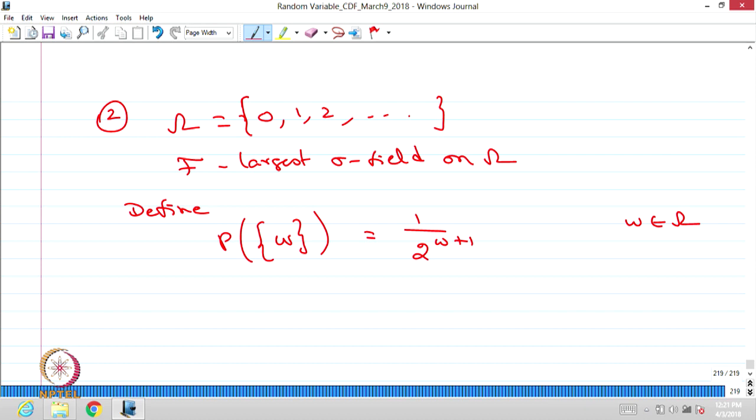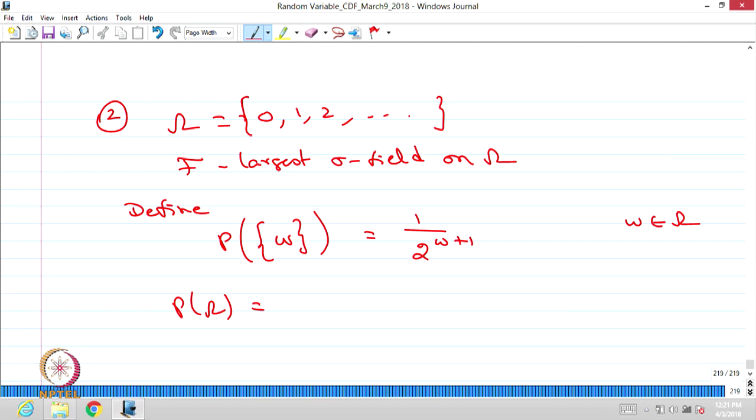We can verify whether this satisfies all the 3 axioms of the axiomatic definition of probability. So the first condition is that it is greater than or equal to 0. Whatever the element w belonging to omega, this value 1 divided by 2 power w plus 1 is going to be greater than or equal to 0. And P of omega, we can verify the second condition.